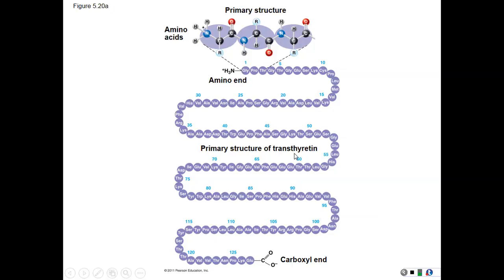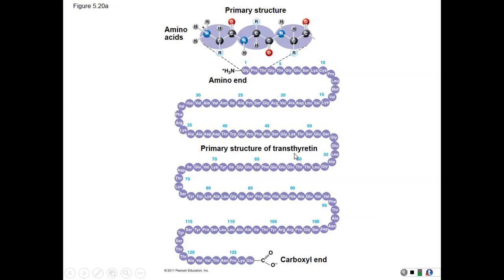So if you need a protein to do what transthyretin does, I happen to know that the best way to fold it up to do that thing is to have that particular sequence of amino acids. Anything else will probably be just a little bit less good at doing what we need transthyretin to do.